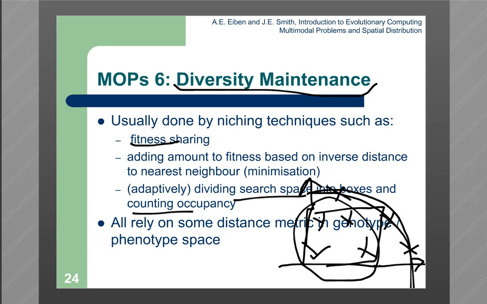This is a two-fitness problem, fitness 1 and fitness 2.